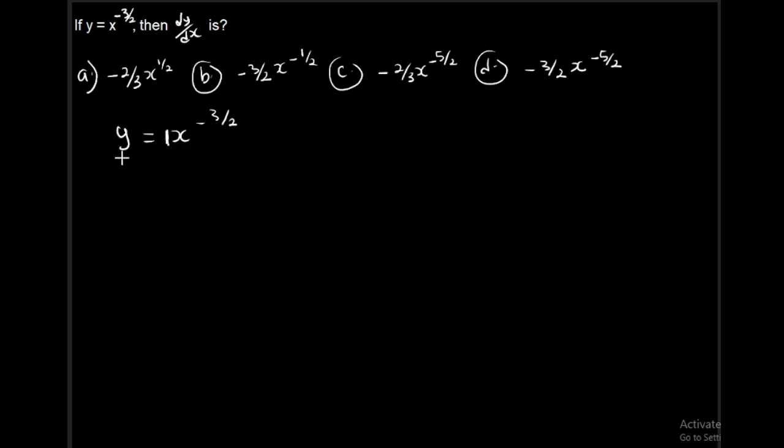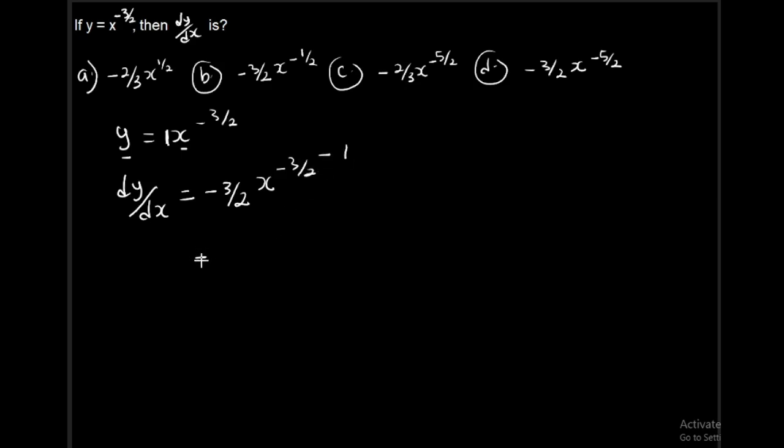In this case, we are differentiating y with respect to x because we have y and x here as the letters. So we have dy/dx equal to power times coefficient, which is minus 3 over 2 times 1, and that will give us minus 3 over 2. We rewrite x, so we have x raised to the power minus 3 over 2, then subtract 1 from the power.